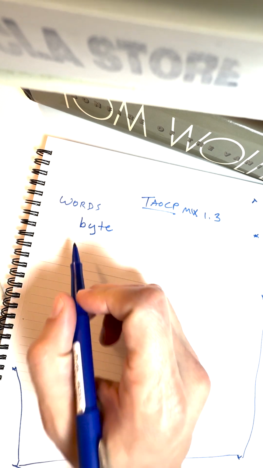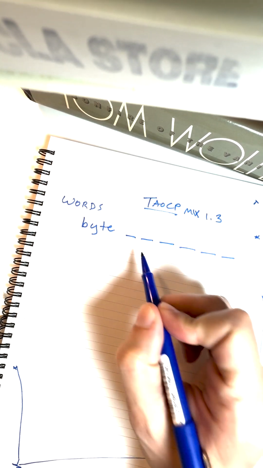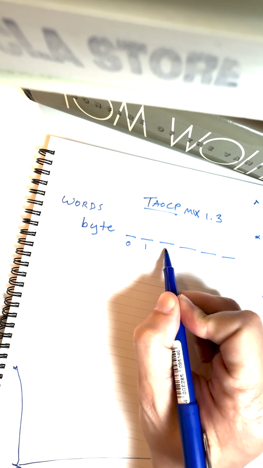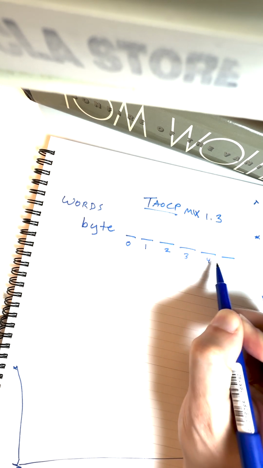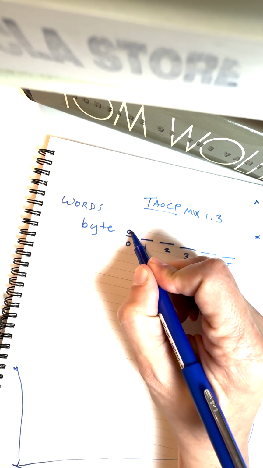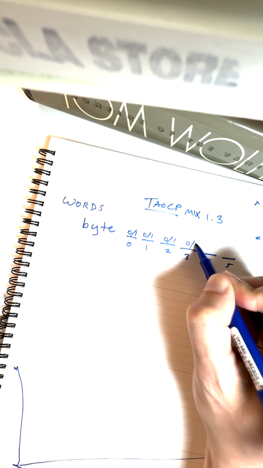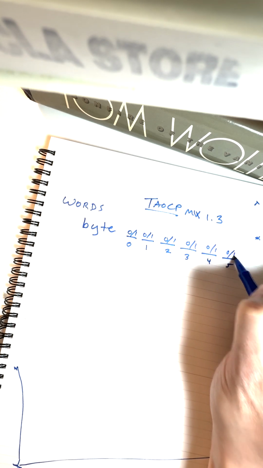So 1, 2, 3, 4, 5, 6, and we zero index that. So the numbers on the bottom here represent an index. And so this could be 0 or 1, this could be 0 or 1, and so on.